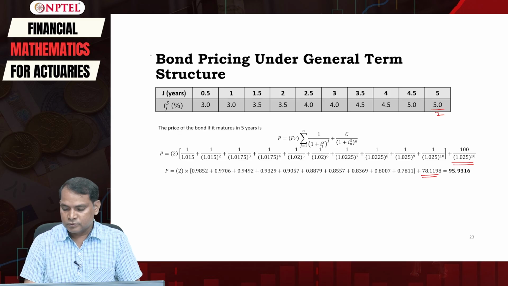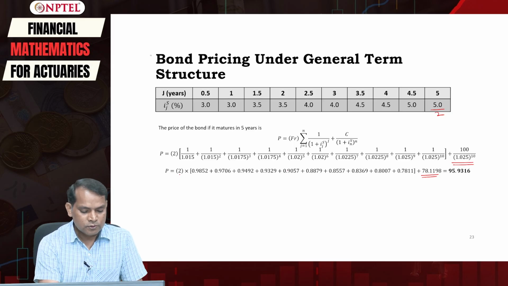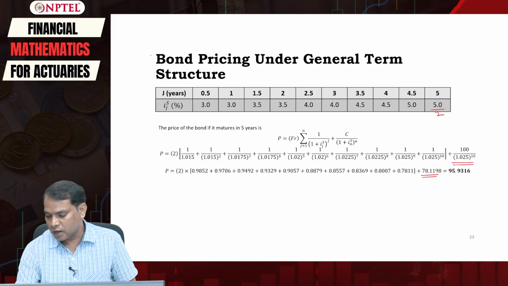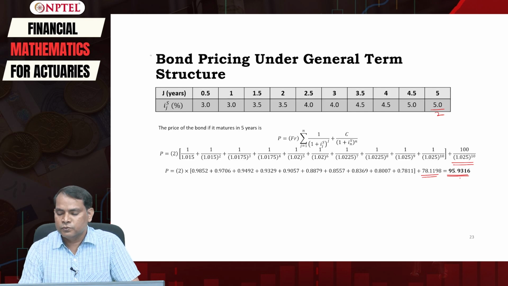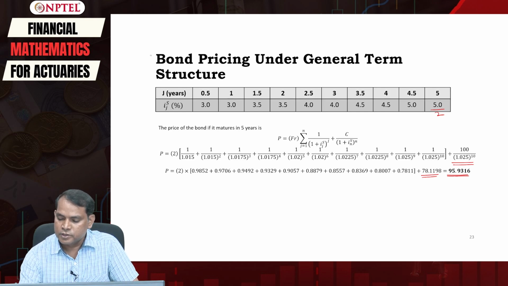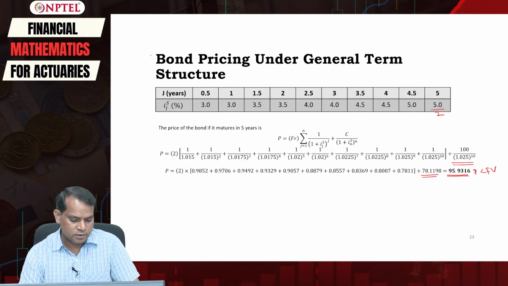Now, rounding it, upon computation we will have 95.9316. So this value is less than the face value. This is the P here, and therefore it is less than the face value.